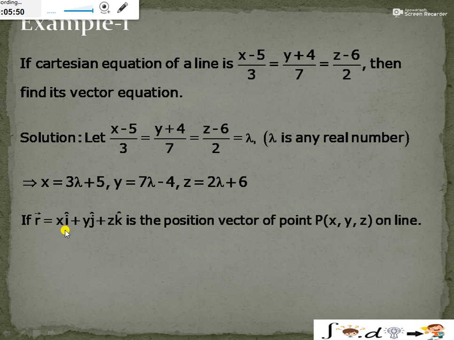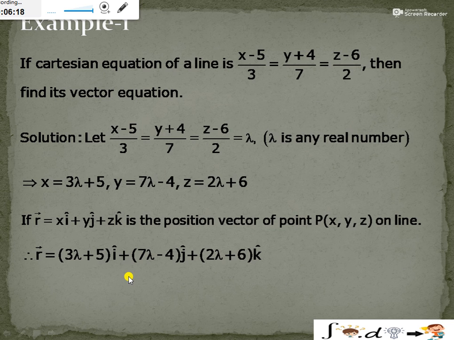Vector r is equal to xi plus yj plus zk. That is the position vector of a point P(x, y, z) on the line. Then we can write this as vector r, यानी कि इसमें हम x y z की वैल्यूज जो हमने पहले फाइंड किए हैं वो सब्स्टिट्यूट कर दीजिए. x is 3 lambda plus 5, y is 7 lambda minus 4, and z is 2 lambda plus 6.